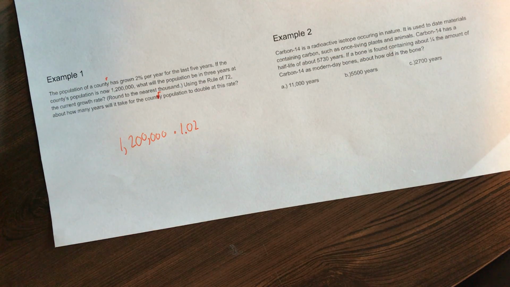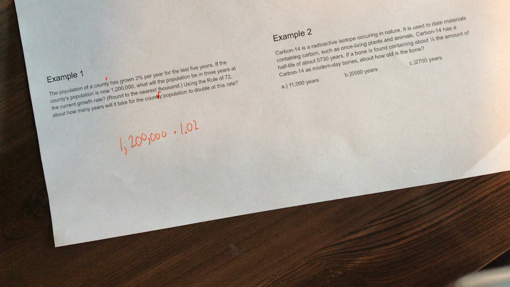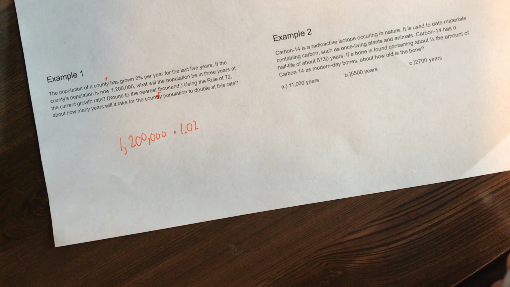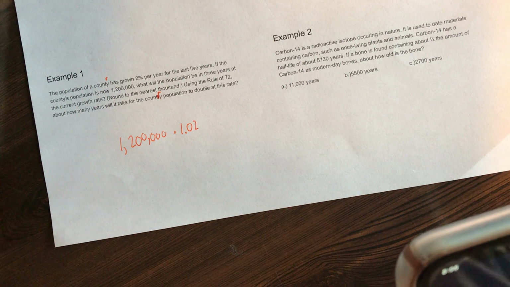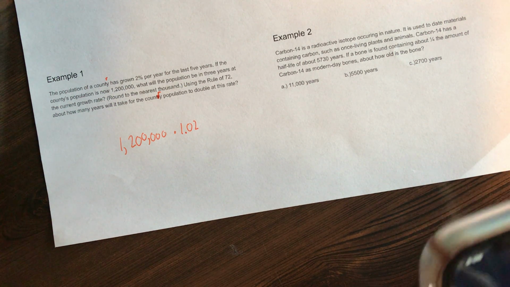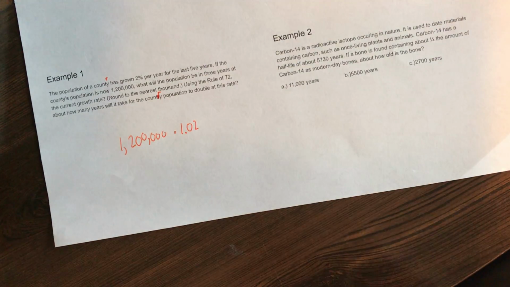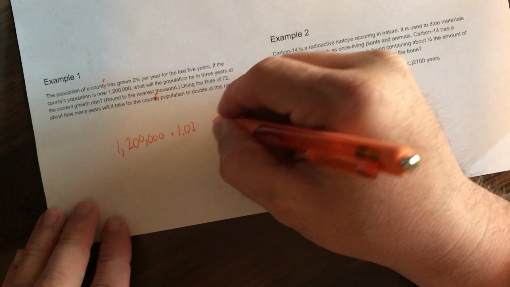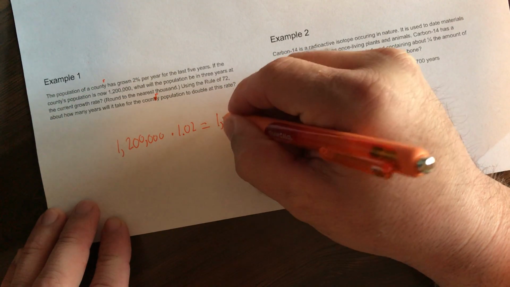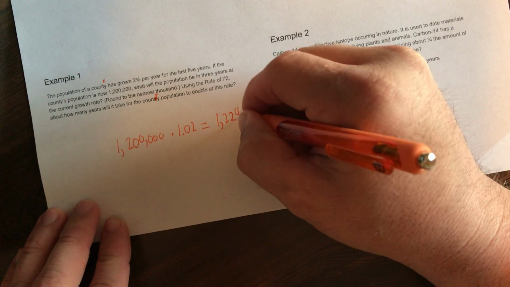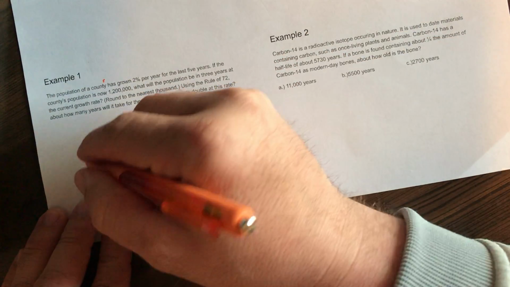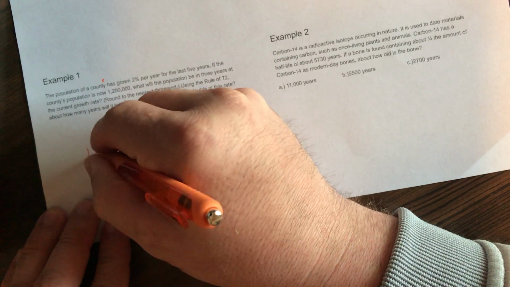The reason for 102 is I'm going to have one whole group and then another 2% of that. So I change that into a decimal instead of a percentage. After year 1, I would multiply this together and I would get about 1,224,000 people. That's going to be your first year.